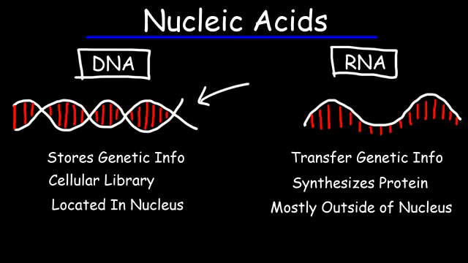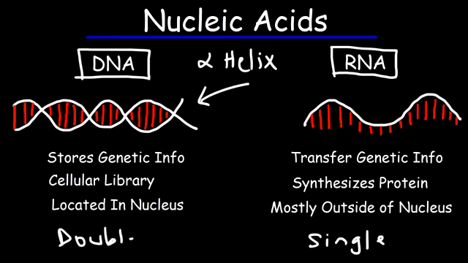As you can see, DNA is a double-stranded nucleic acid. It forms a double helix, whereas RNA is a single-stranded nucleic acid. So that's one difference between the two. There are other differences. DNA is mostly located in the nucleus, particularly in eukaryotes, whereas RNA, you could find it outside of the nucleus.